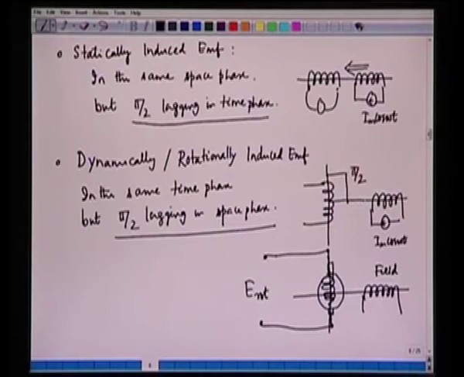Now, after having said this, we are now talking about the generalized theory of electric machine, and we know that we have two different types of induced EMF. One is the statically induced EMF, and the other one is the rotational induced EMF or dynamically induced EMF. And again, we have also seen that in a generalized machine we are talking about a two-axis model.